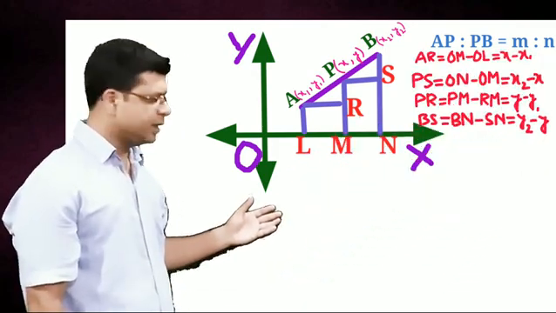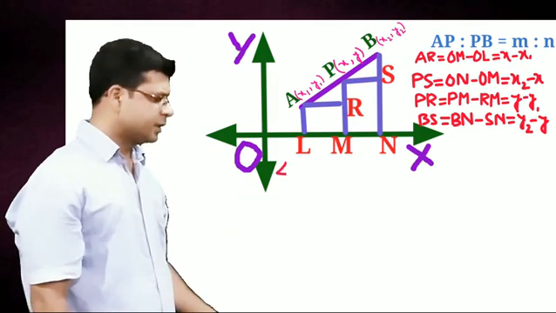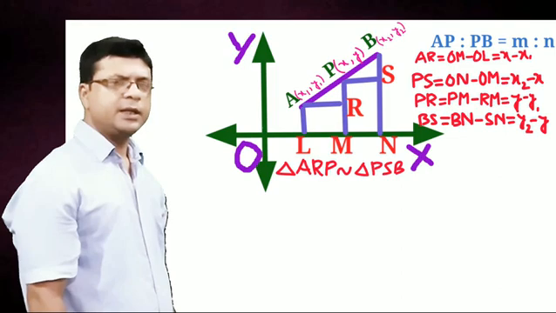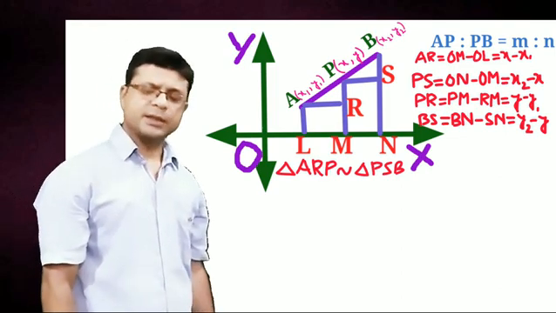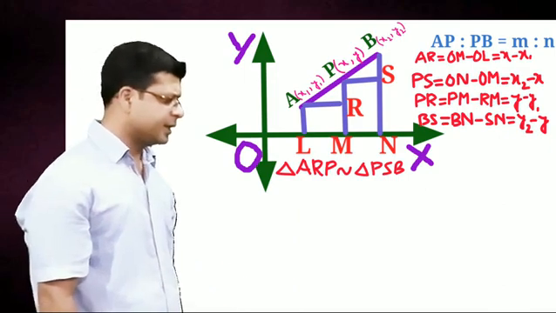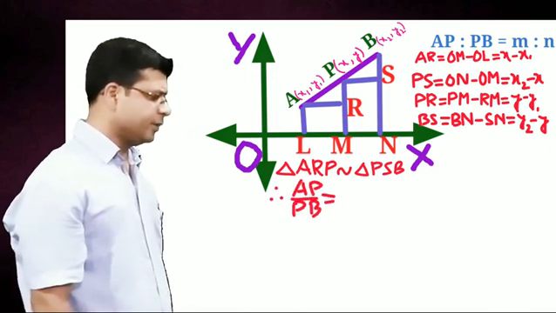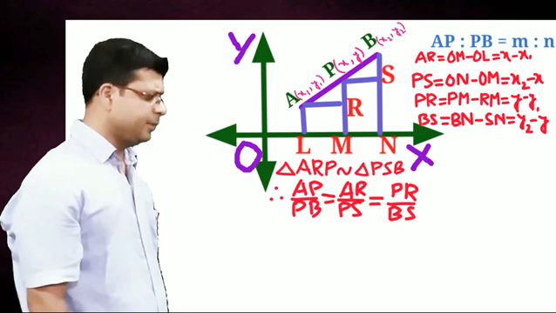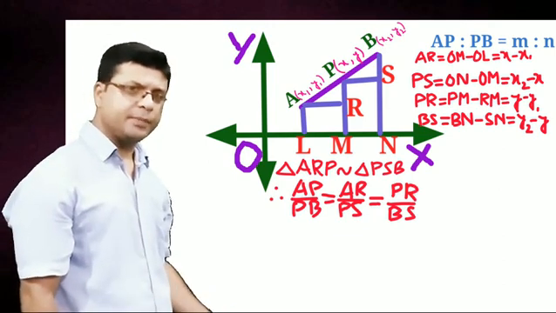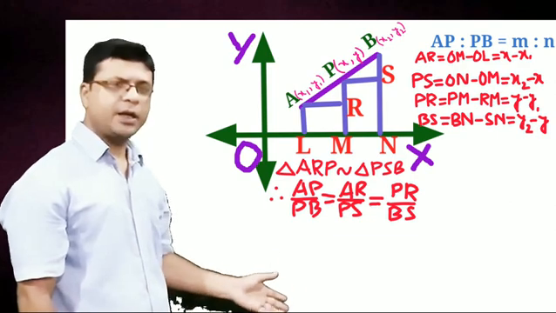Now students, in the diagram you can see that triangle ARP and triangle PSB, these are similar. Now, if the two triangles are similar, their corresponding sides are proportional. So we can write that AP by PB is equal to AR by PS, which is equal to PR by BS. Here you can see that the ratio of AP and PB is m:n, and let us substitute the other values.